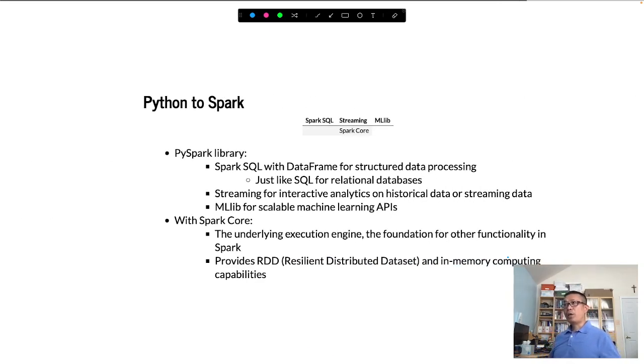Now, in addition to MLlib, at the bottom of the infrastructure is Spark Core that supports the basic functionalities, including the RDD, or resilient distributed dataset. And then on top, it provides the machine learning functionality in MLlib.